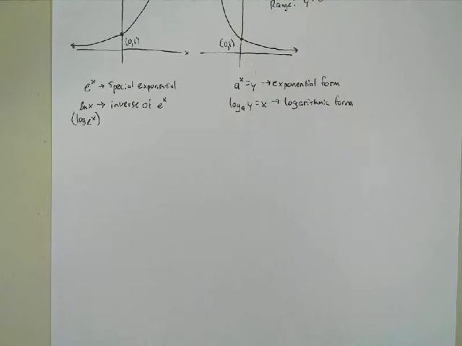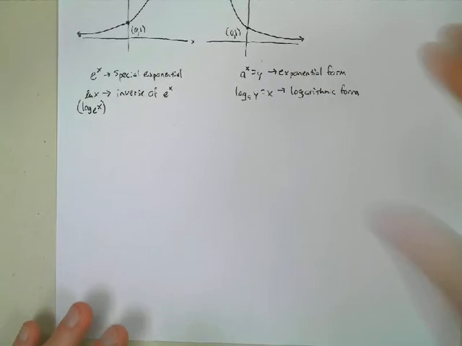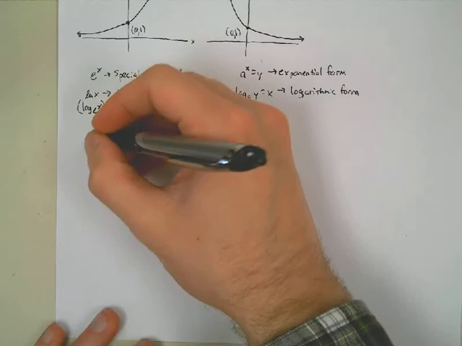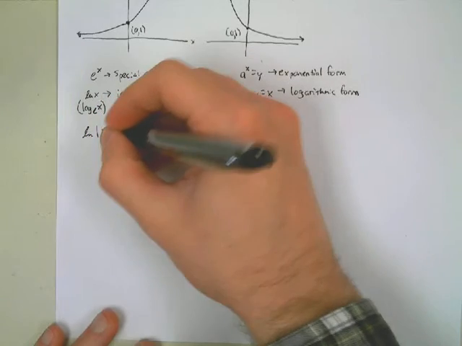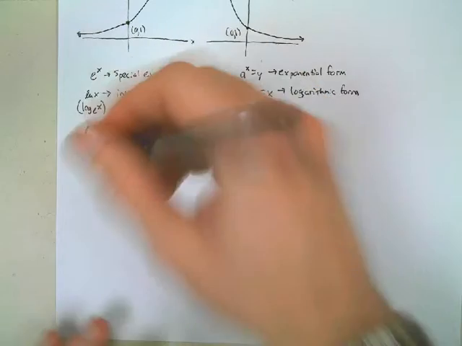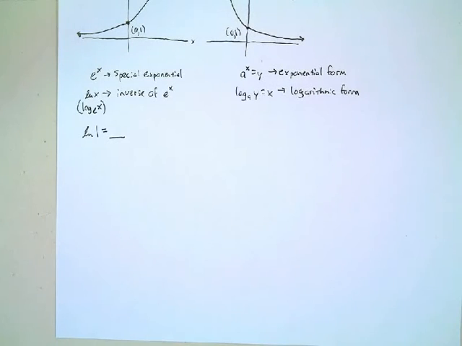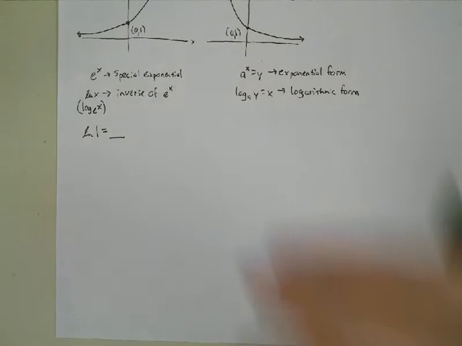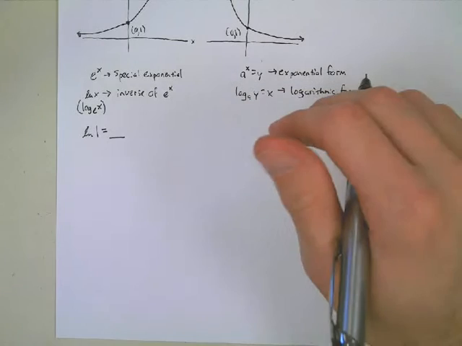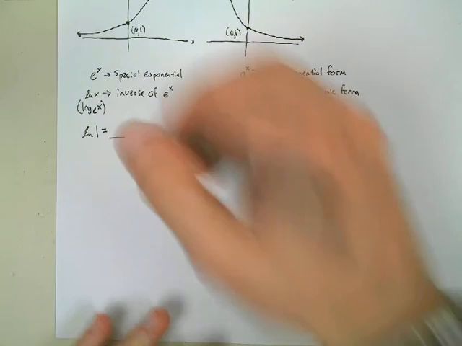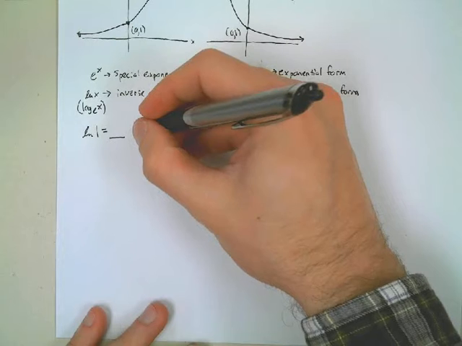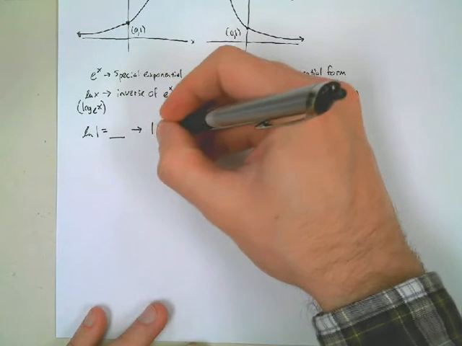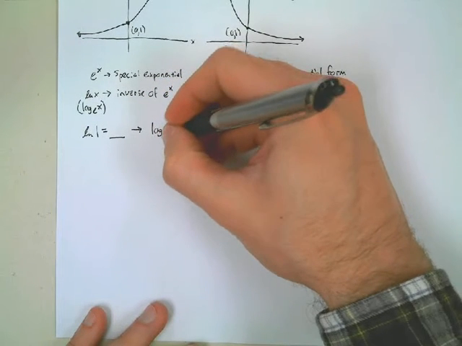Okay, so using that idea then, for example, the natural log of 1 should equal what? So let's think about this. Natural log is the same thing as log base e of 1, and we want to know what that equals.